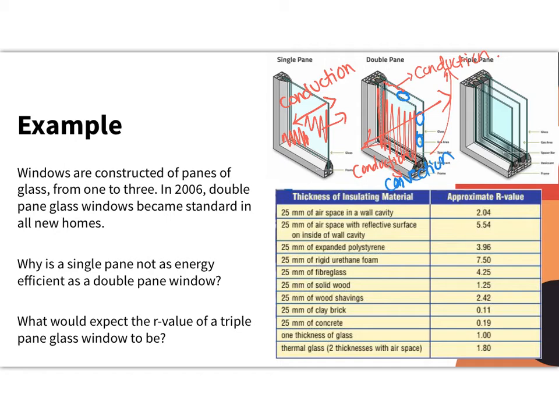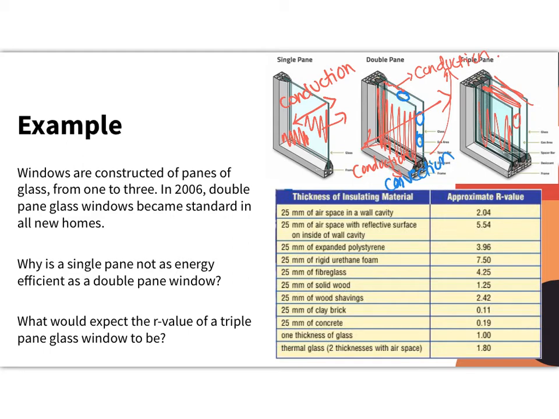This would be expanded even further in a triple pane window. We'd have to use conduction to heat this, convection within, conduction and convection, and then conduction again. So the more layers of glass, the better. At this point, there's no such thing as a quadruple pane window. Triple is the highest you can go.